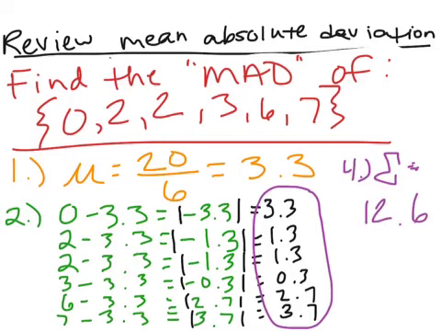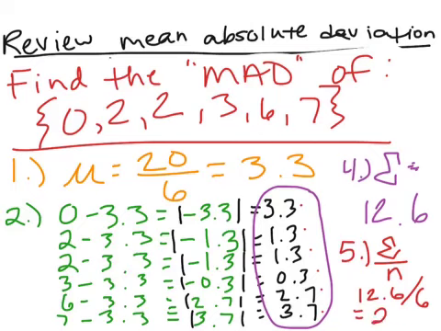Now in step 5, I have to do my sum divided by my total number. I'm going to do 12.6 divided by 6, because there are 6 of them, and 12.6 divided by 6 equals 2.1. So my mean absolute deviation is 2.1.